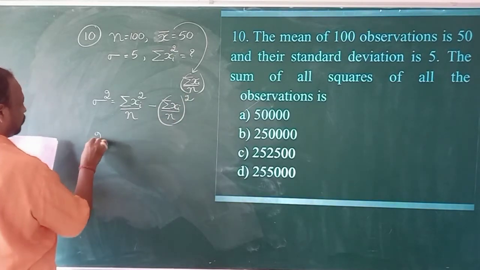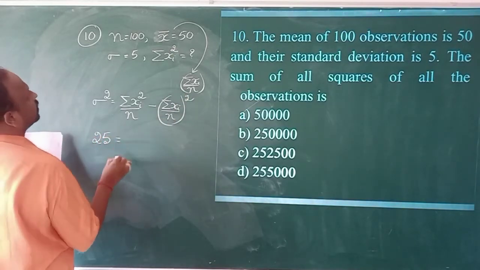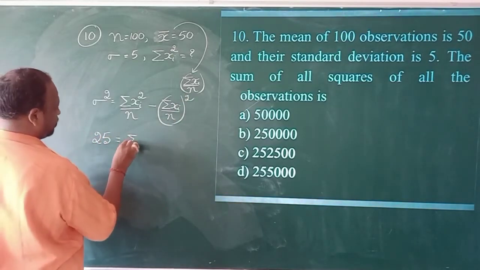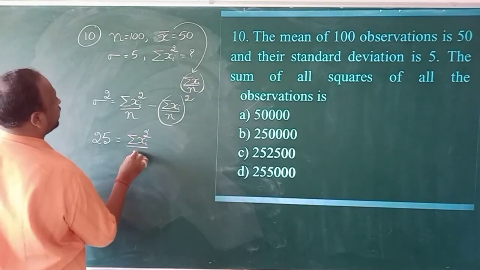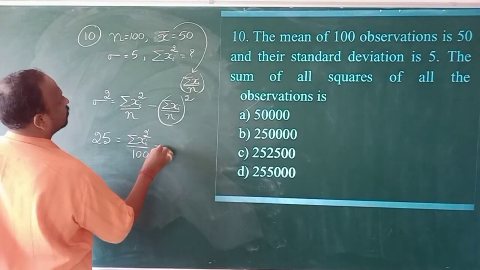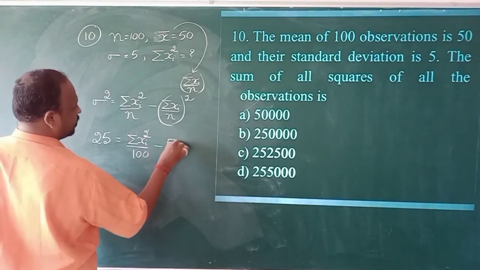So this will be 25, sigma xi square question mark, n will be 100, minus 50 square.